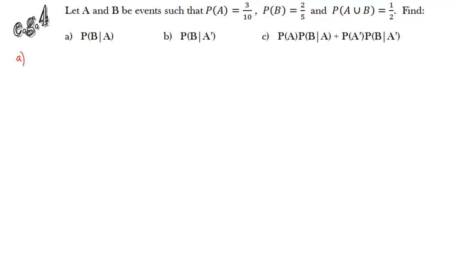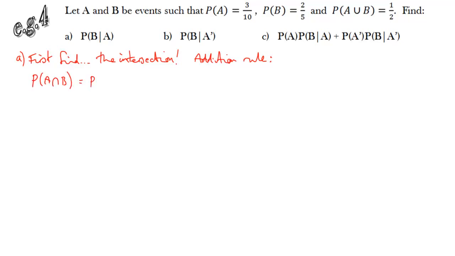Anyway, this one here, we want to work out a conditional probability again, the probability of B given A. So we're going to want to know the intersection, whether we draw a Venn diagram or not. That's how we're going to start. Now we should notice that we can use the addition rule because we know the union. That can help us get the intersection of A and B. So write out the addition rule.